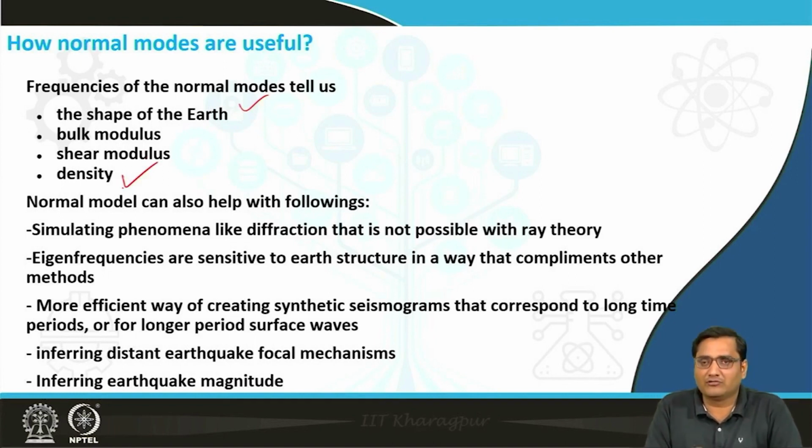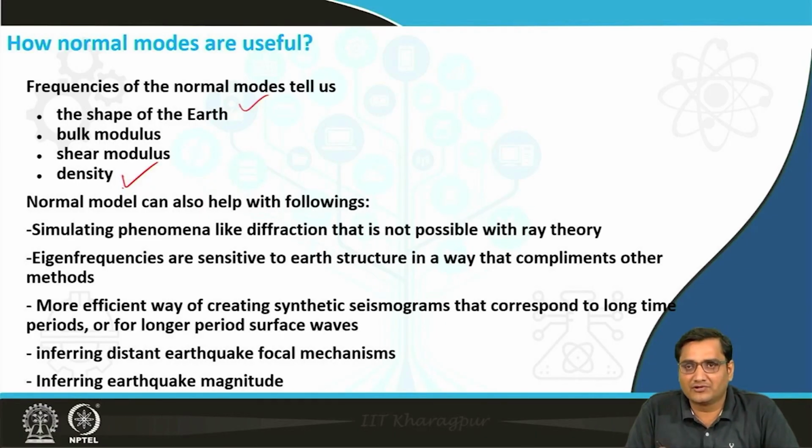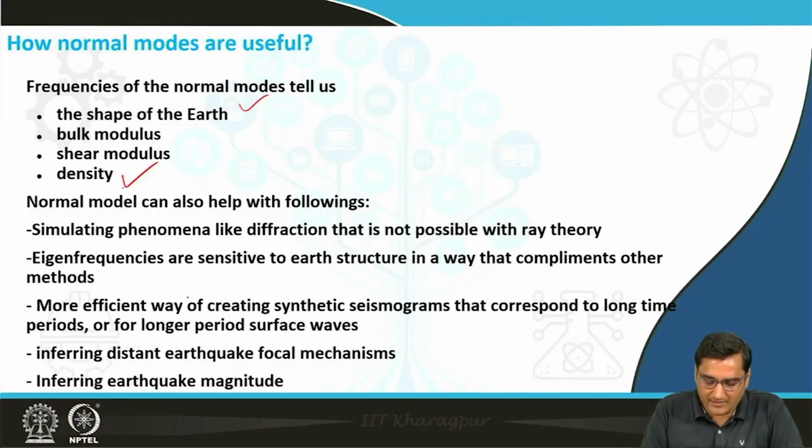Normal modes can also help us with the following. They can simulate phenomena like diffraction, which is not possible with ray theory. Also, the eigenfrequencies in the normal modes are sensitive to the earth structure in a way that complements other methods.